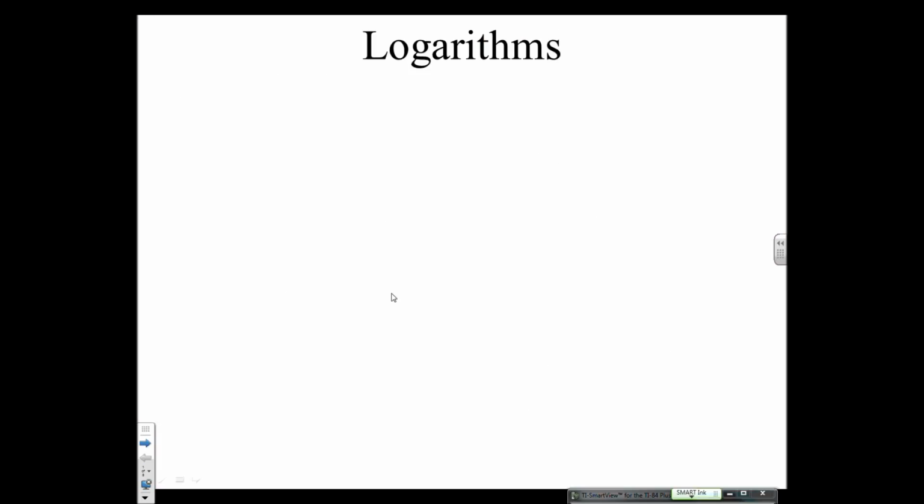First of all, introduce what it means to be a logarithm. If we talk about the log base a of x equals y, okay, so here's the base here of a. This would be equivalent to making the statement, using exponents, that a to the y is equal to x.